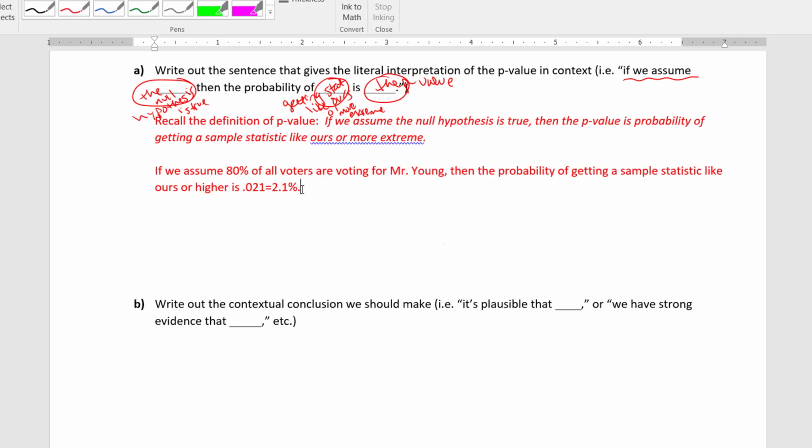The probability of that actually happening is only 2.1%. Notice I didn't get the sample statistic in this problem. Usually you would actually give your sample statistic here, so we'll see that in later problems.